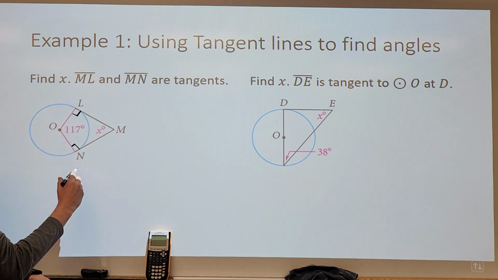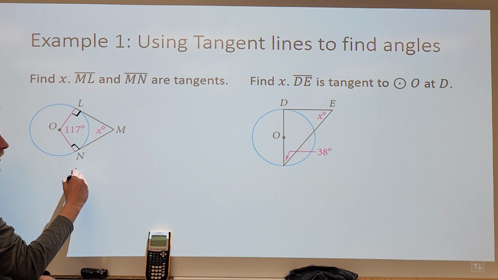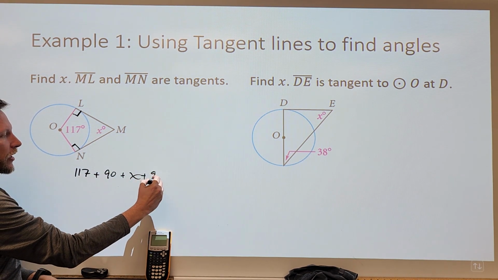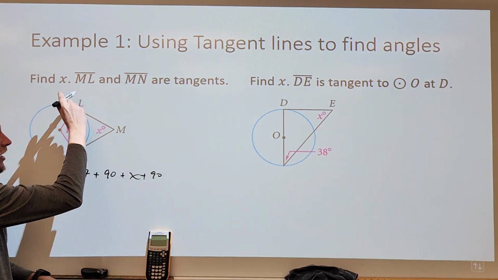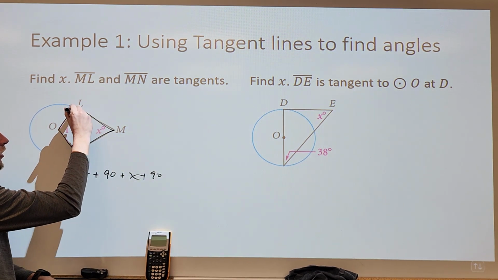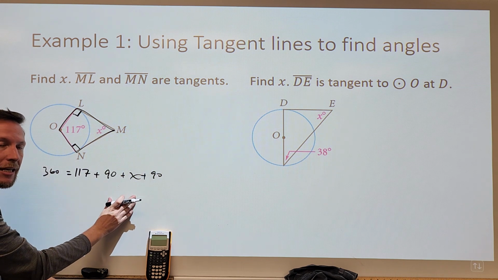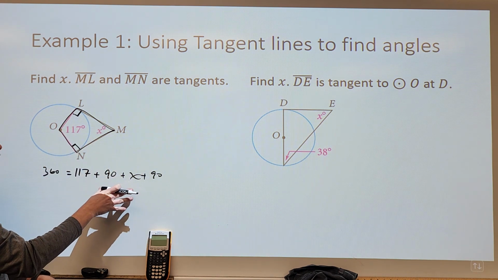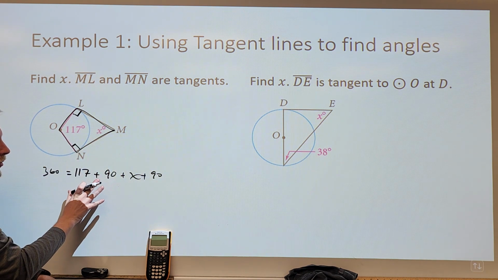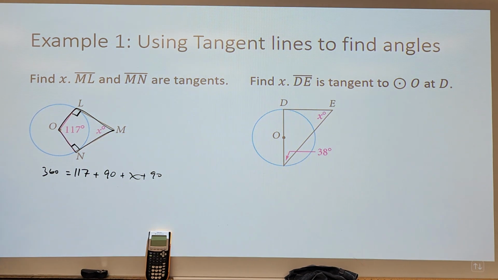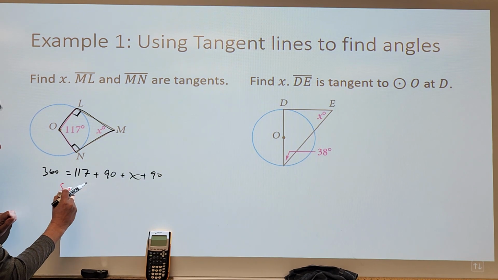So now we have this equation where the sum of the measures of these angles, 117 and 90, and x and 90, the sum of the measures of these angles in this quadrilateral is 360. And so we can create an equation using stuff that we know from first semester or in the beginning part of this semester to be able to find the measure of this angle. I would like for you to solve.